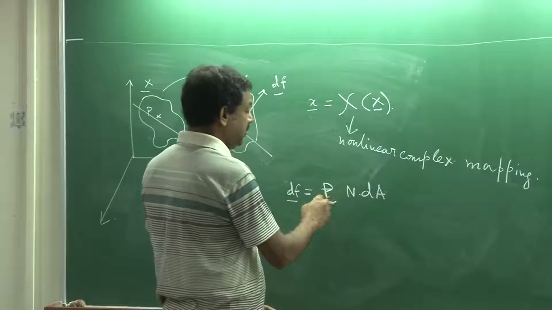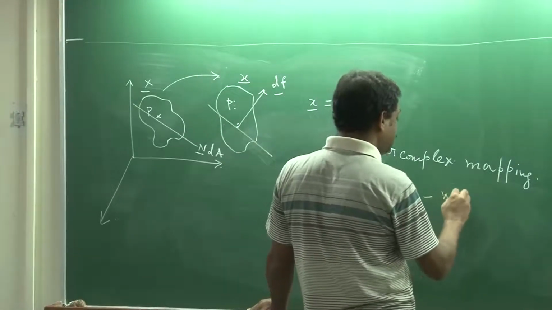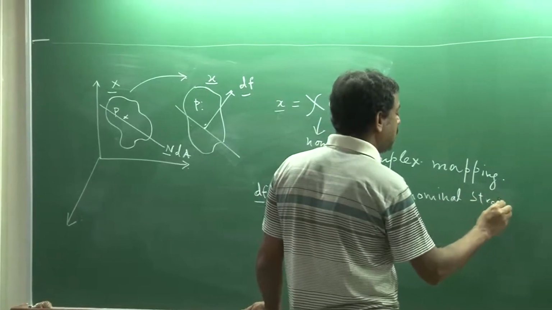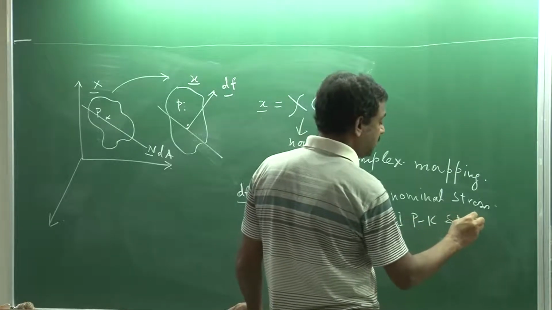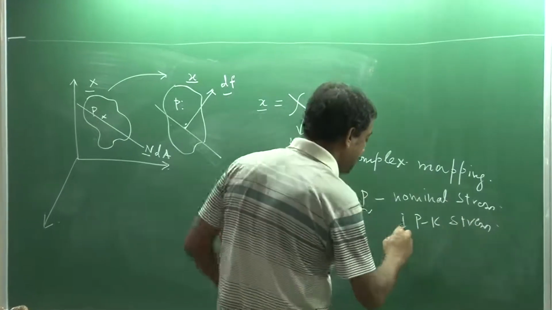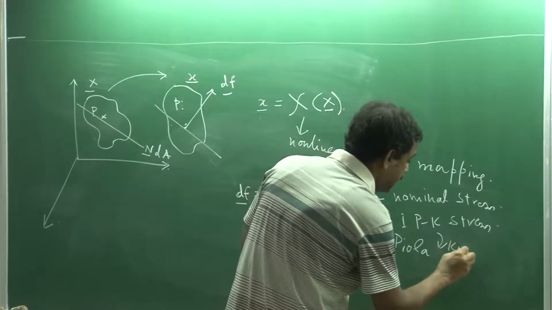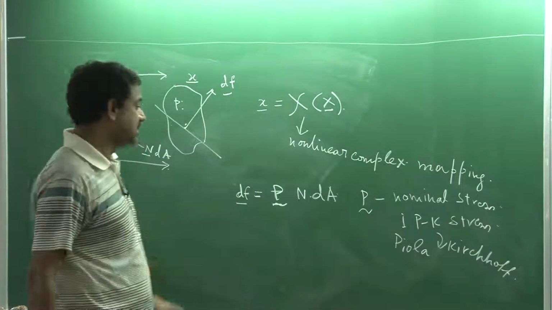P tilde is nothing but the nominal stress tensor, also called the first Piola-Kirchhoff stress tensor. P is for Piola and K is for Kirchhoff.